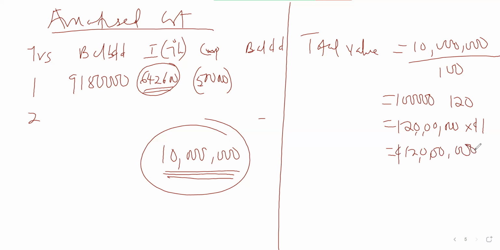So the shares that we are going to have at the end of the year is 12 million. If we want to receive cash, it will be 10 million. But if we are changing to equity, they are going to give us 12 million shares. If you are receiving cash, it's 10 million.